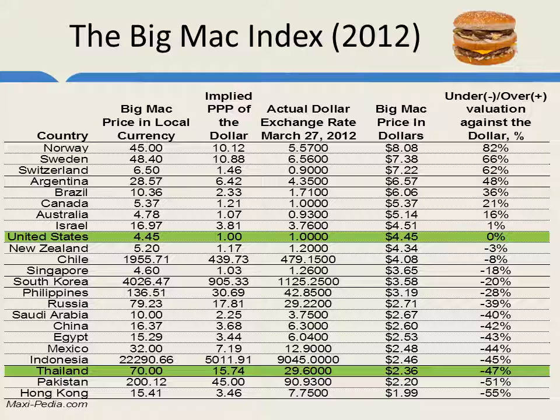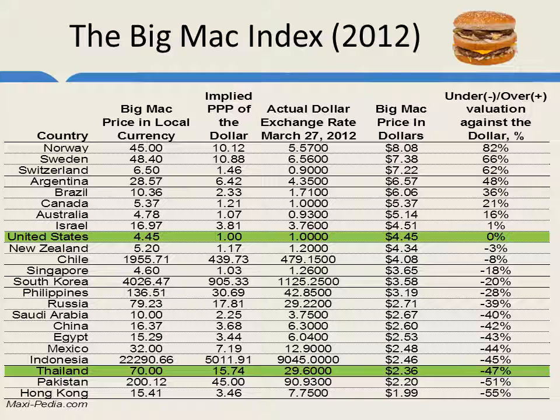Notice, however, that the actual exchange rate is not $1 to 15.74 baht, it's actually 1 to 29.6 baht. In other words, if you take that 70 baht in Thailand and you convert it into dollars, you're only going to get $2.36.